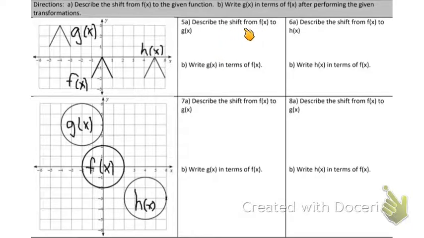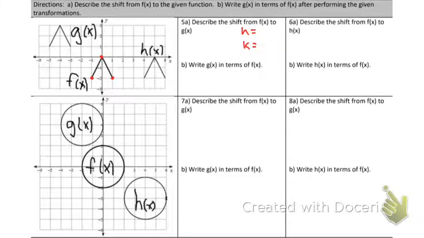To describe the shift, we start from f of x, starting here, to g of x. Taking f of x, again, I'm going to use significant points. All I want to know is my h and my k. Your h controls the left and right shift. Your k controls the up and down shift.